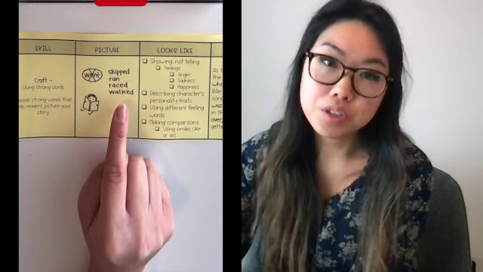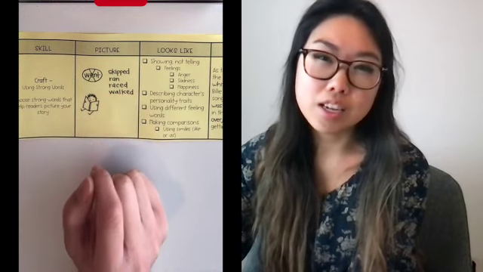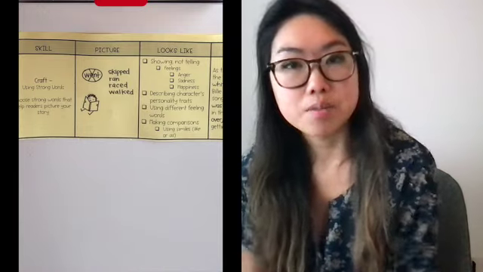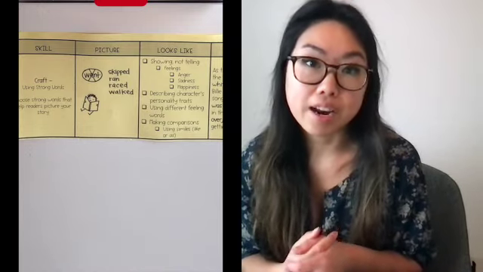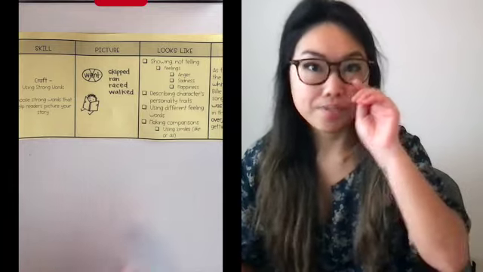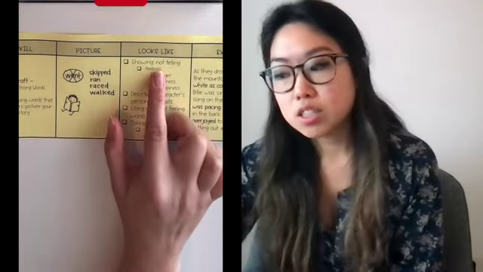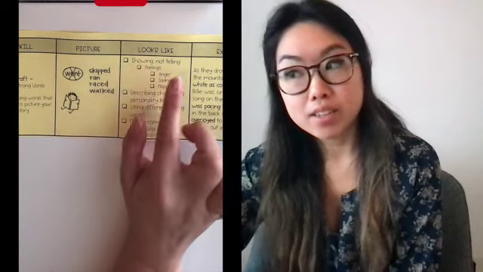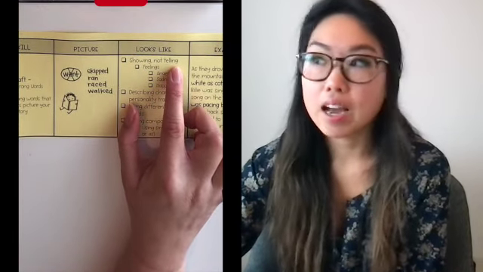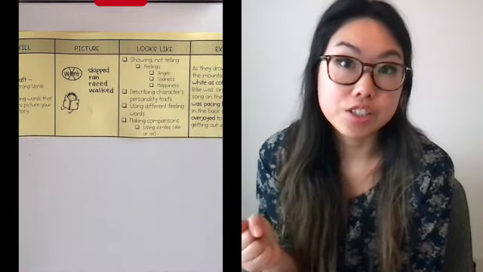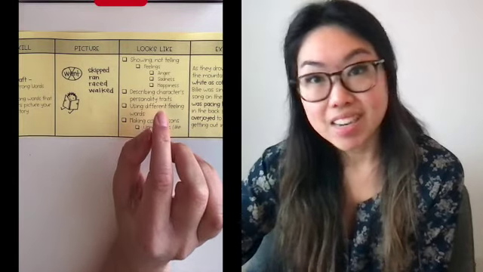So as we're looking through these checklists and looking at how I use craft in my story, I want you to think, how can you use this checklist in your writing to help it get better? What it looks like in your writing could be showing, not telling. So instead of saying, I am mad, saying, my fists were clenched is showing, not telling.